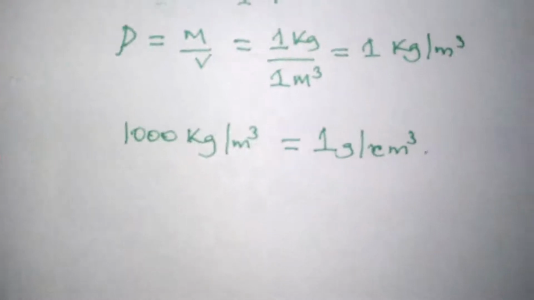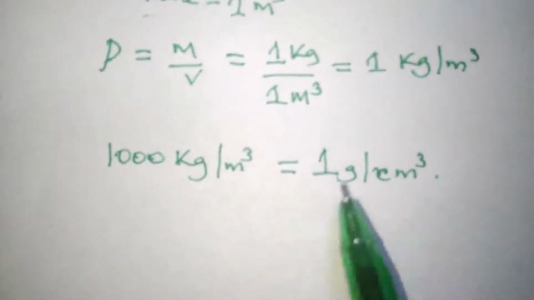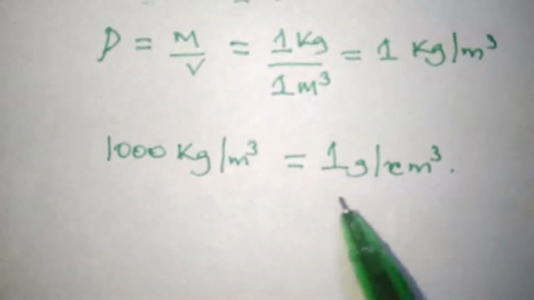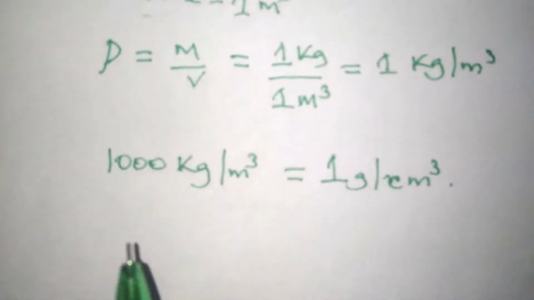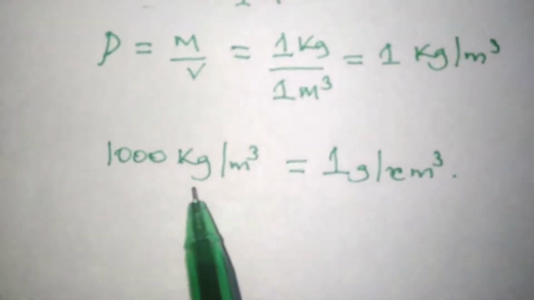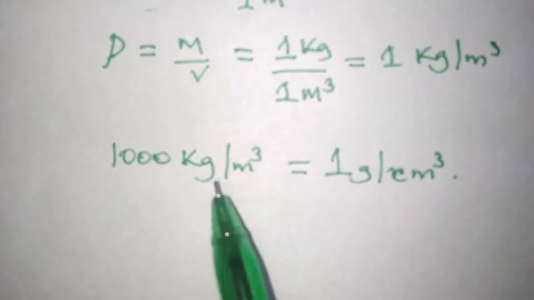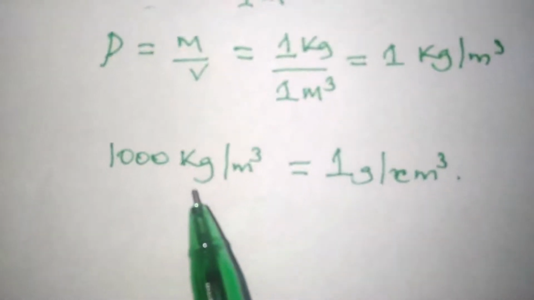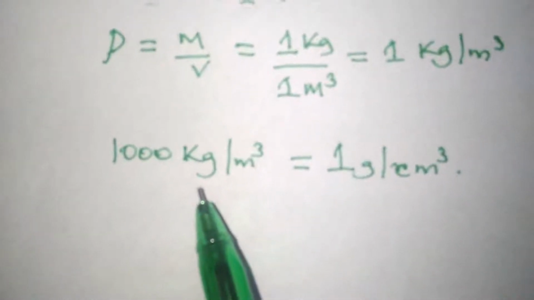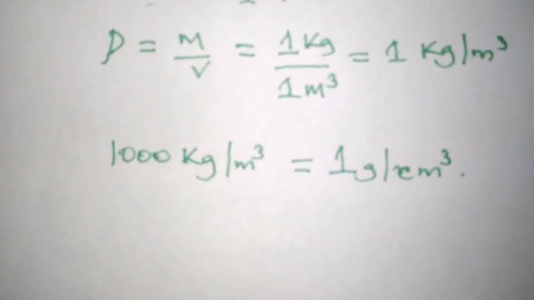Now, when you look at this at first glance, one may think that this expression is not correct, simply because we are used to thinking about kilogram being larger than grams, and that is true. But in this case, remember, we are working with a ratio, and we must understand how that comes about.